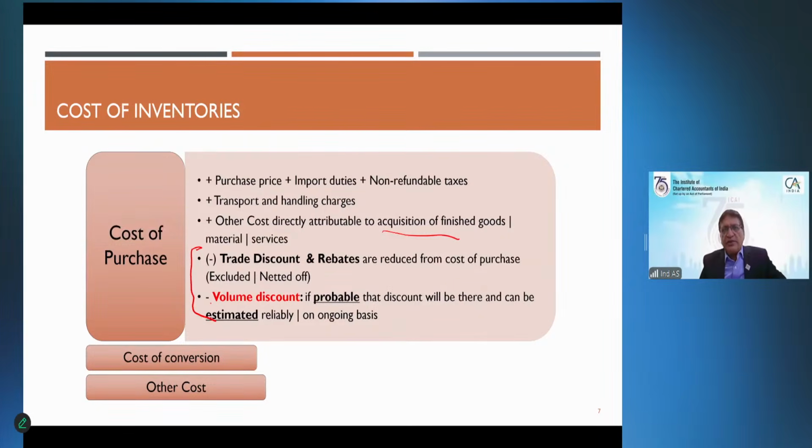Volume discounts: basically, the problem with volume discount is that the scheme is for a particular period of time. If you take or lift X amount of quantity in one particular year, you'll get X amount of discount.